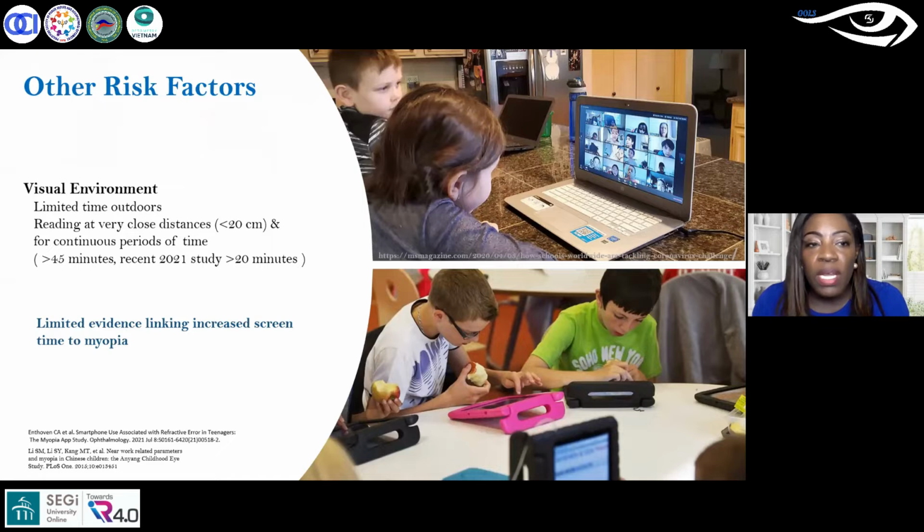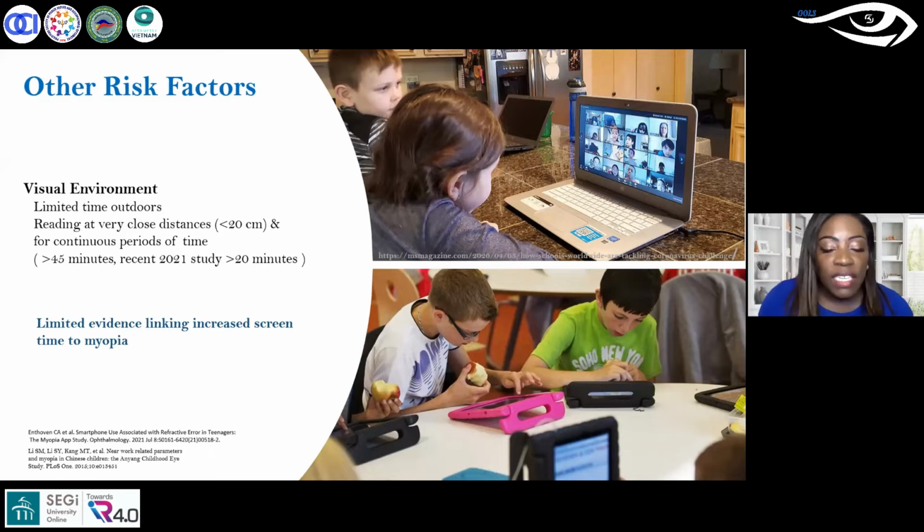As we know, limited time outdoors is a risk for myopia development, and as such, we definitely want to get children outdoors at least 2 hours a day. It also doesn't hurt for them to not spend so much time doing near work. It's been shown that reading at very close distances for continuous periods of time can lead to increases in myopia.